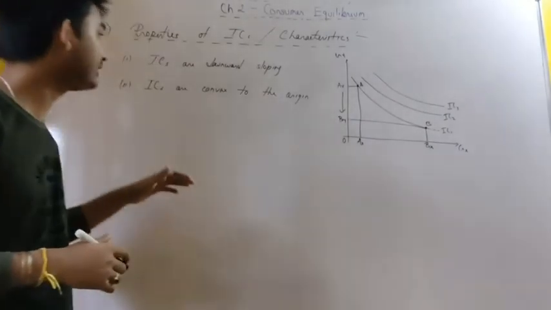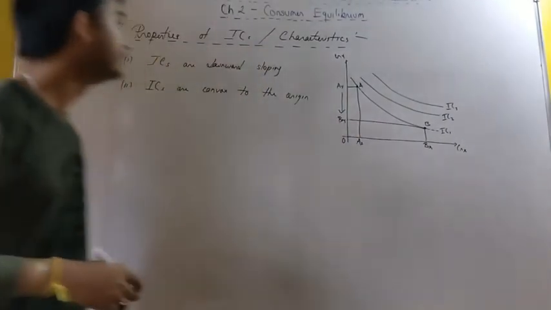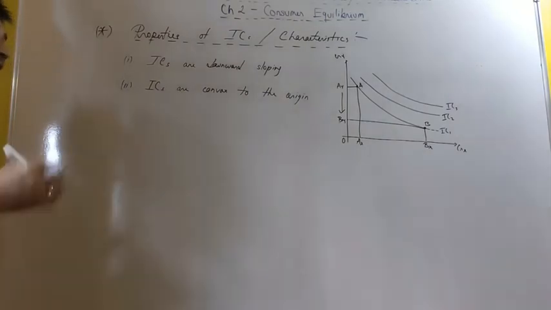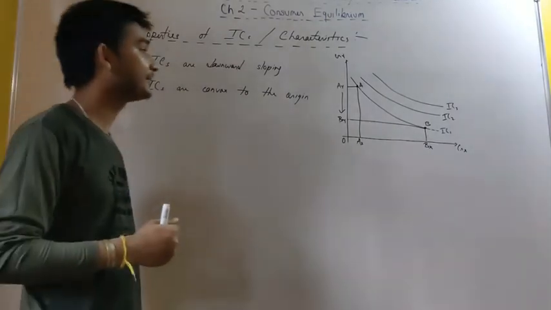Indifference curve is convex to the origin due to the operation of diminishing marginal rate of substitution.